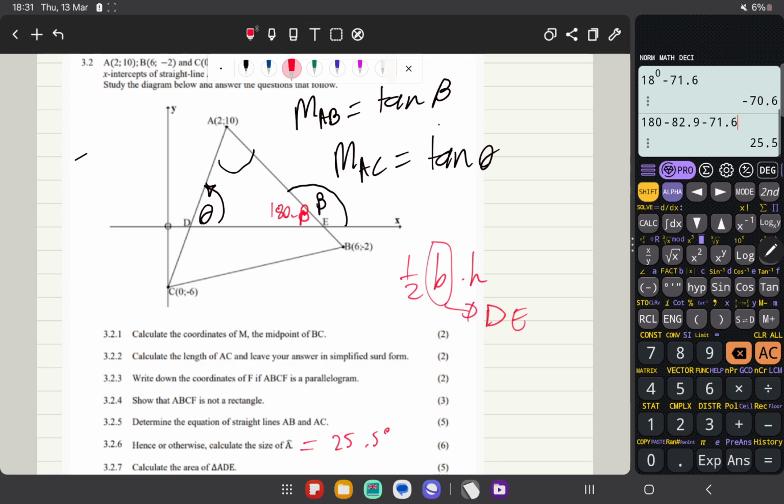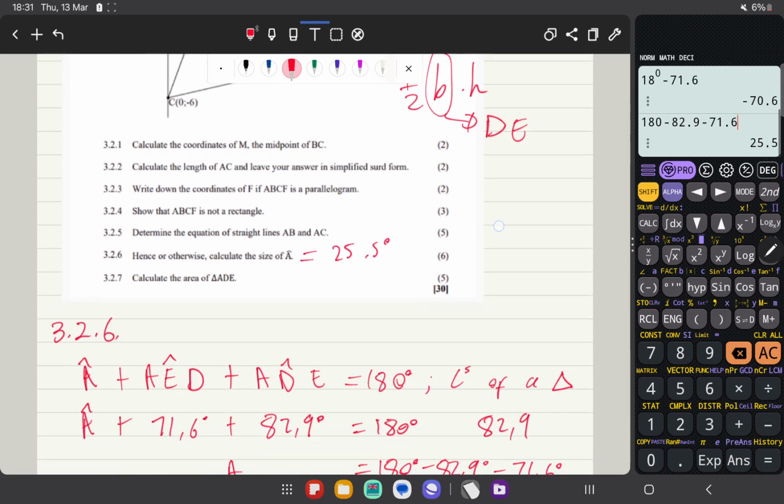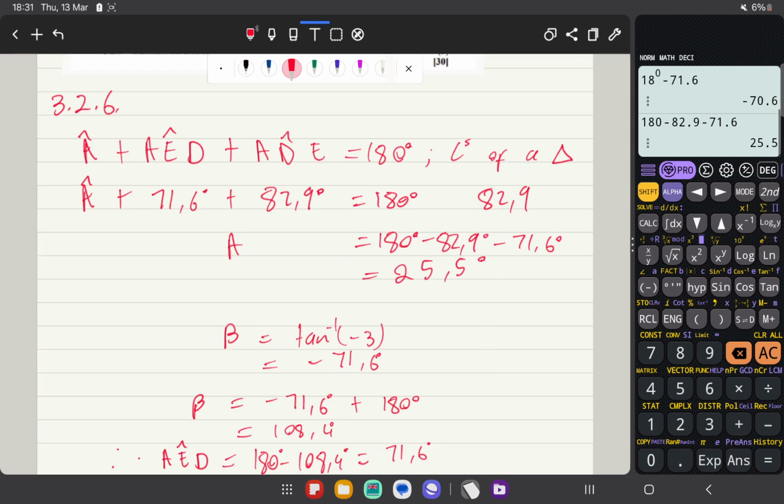My base is DE, and my perpendicular height is this line right here, which I believe is 10. So let's start working on this one. I'm going to erase everything I have here, and then we cook.